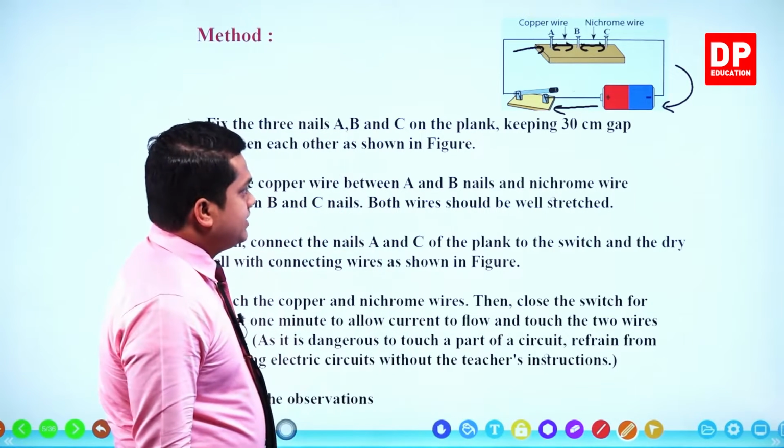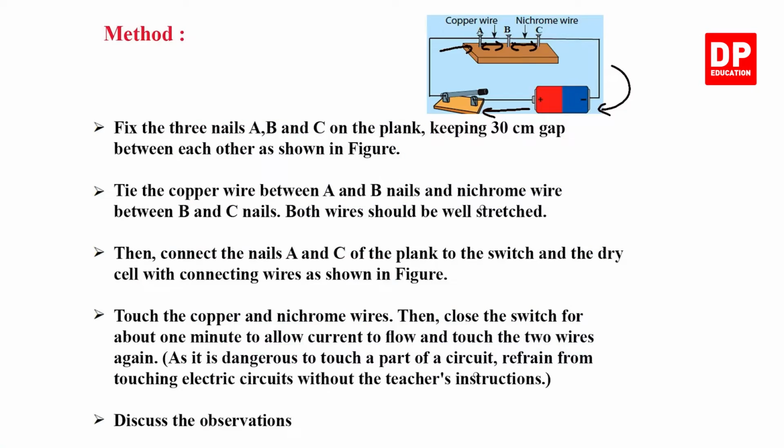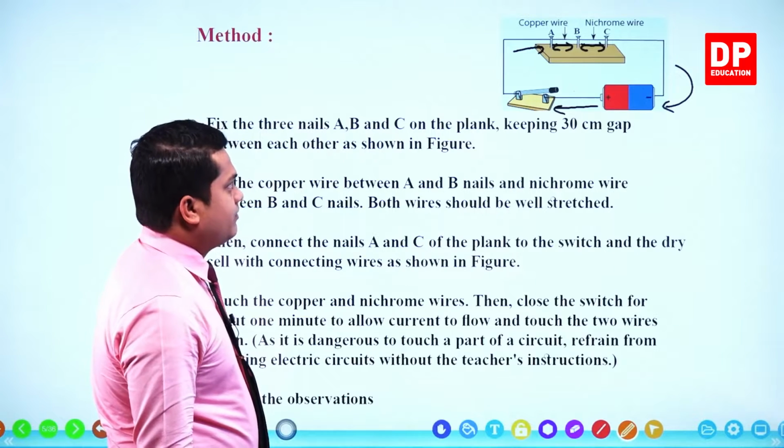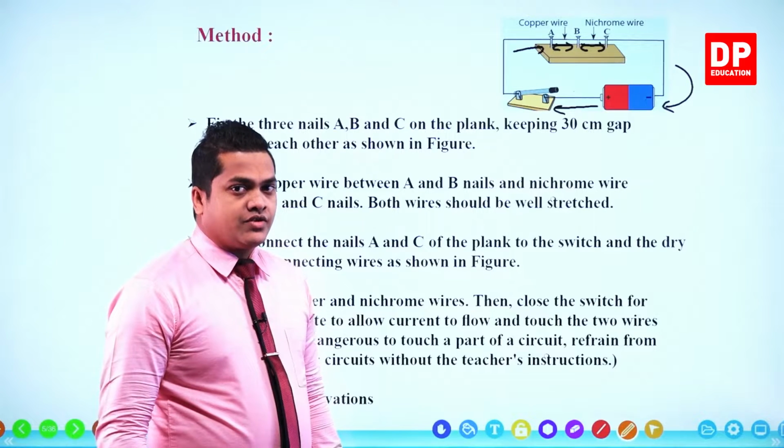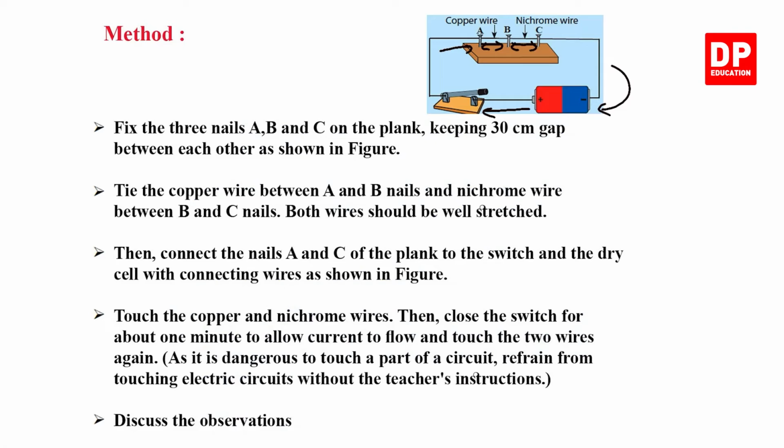Okay, so here tie the copper wire between A and B nails and nichrome wire between B and C nails. Both wires should be well stretched, right? Then connect the nails A and C of the plank to the switch and the dry cell with the connecting wires as shown in the figure.